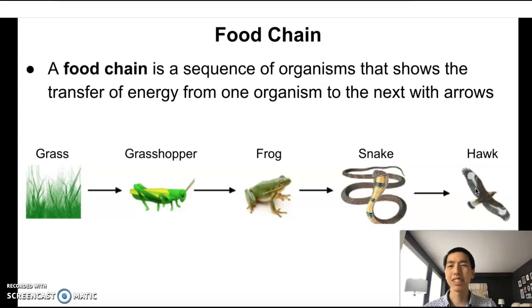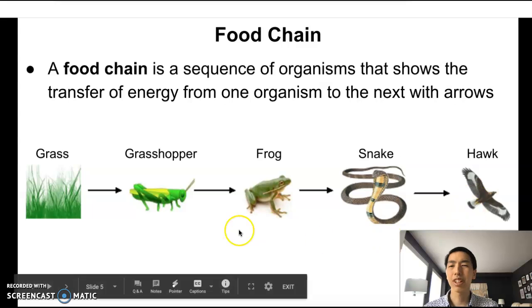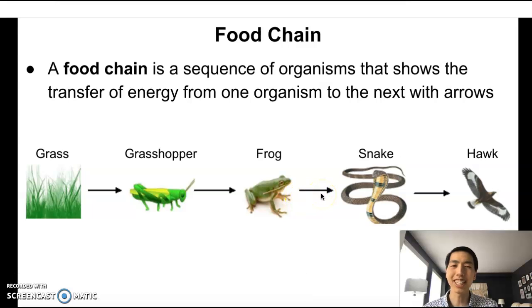A sequence is something in order, and in a food chain, you're supposed to draw arrows that point in the direction of what does the eating, or in the direction of which way the energy is going. So this is showing the energy from the grass is going into the grasshopper because the grasshopper eats it.